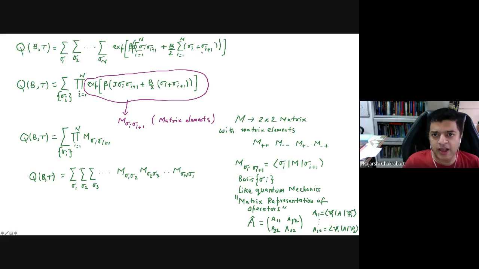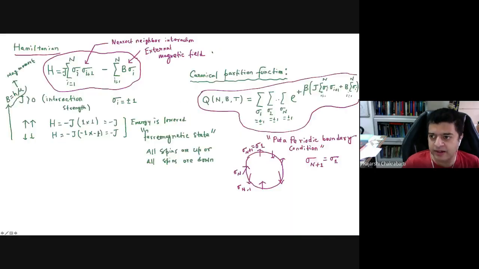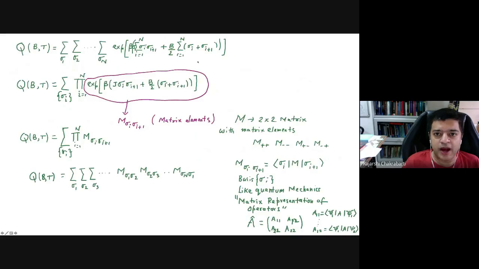You had sigma i here, and you put sigma i plus 1 here, divided by 2, and this is your partition function. Since this is an exponential, in the exponent you can write this as a product of exponentials, and on top of that you have a sum over all spin states.